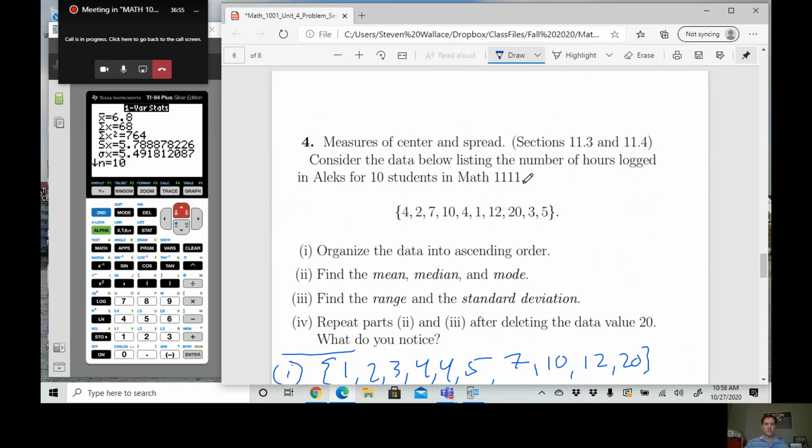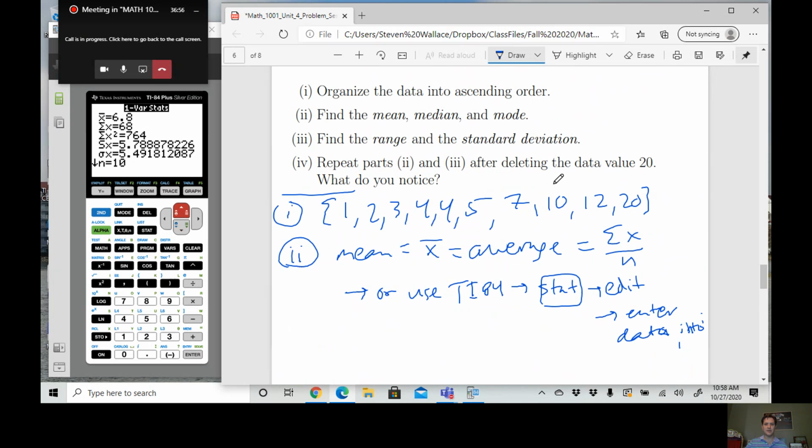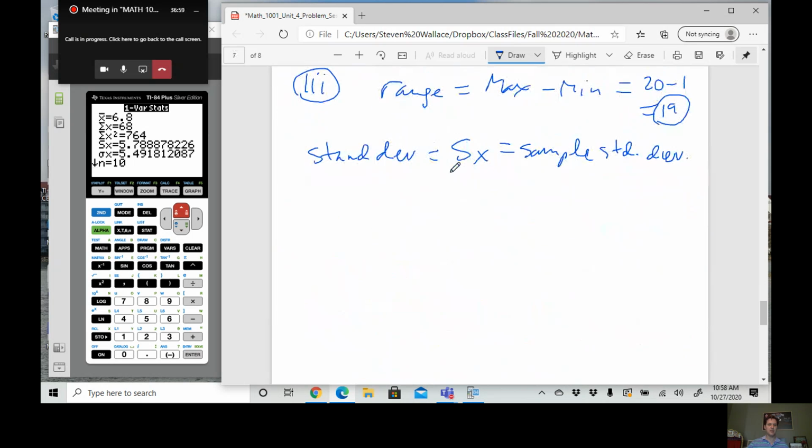This isn't for all students in Math 1111. This is a sample of them. The sigma, that would be the population. That would be if we had data for the entire population.